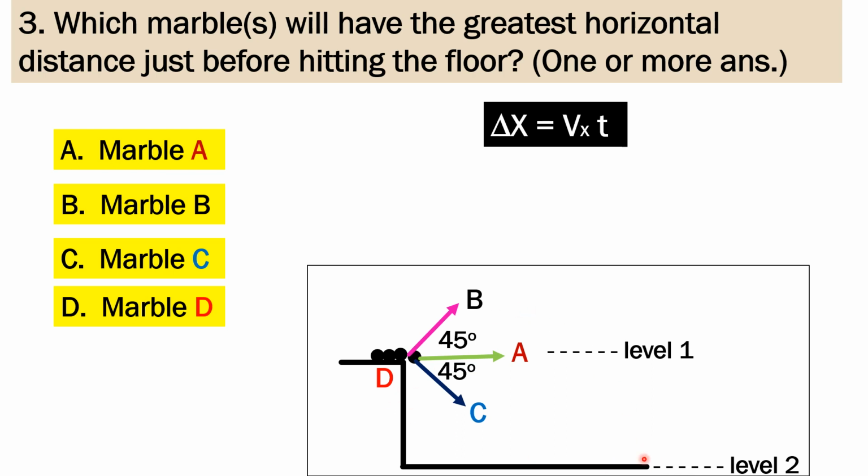So it follows that among the three marbles A, B, and C, it is marble B which will have the greatest horizontal distance or range.